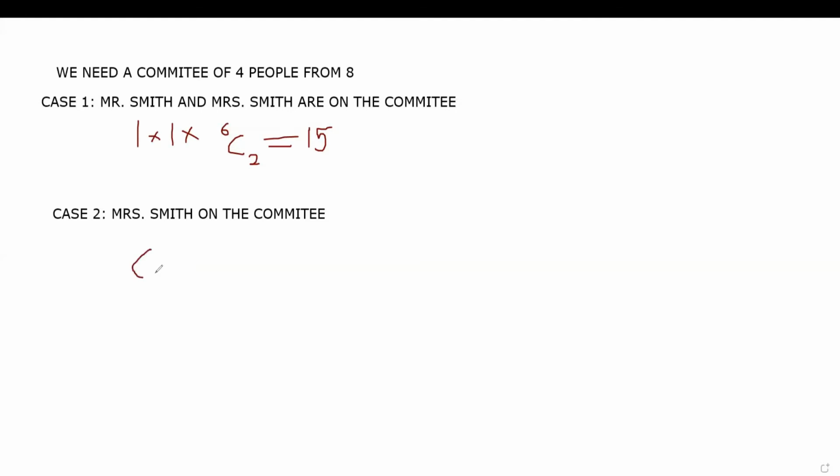Basically, I choose Mrs. Smith from them 2 people here. So choosing 1, which is Mrs. Smith, from the 2 people, times we're choosing 3 other people from the remaining 6. So it's 2 choose 1 times 6 choose 3.